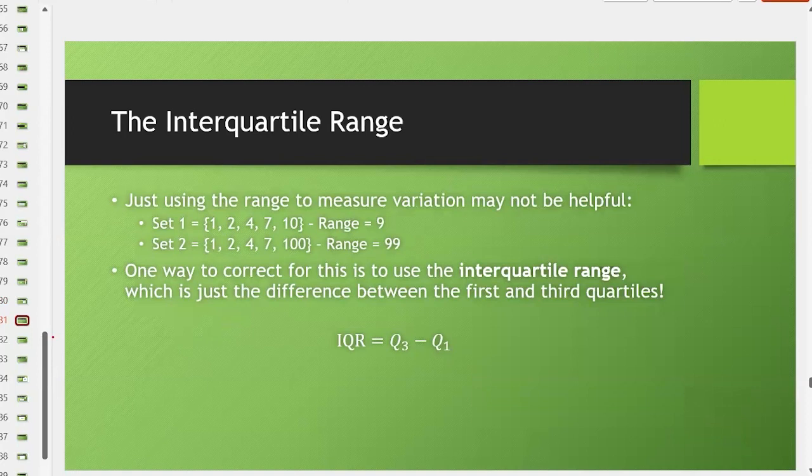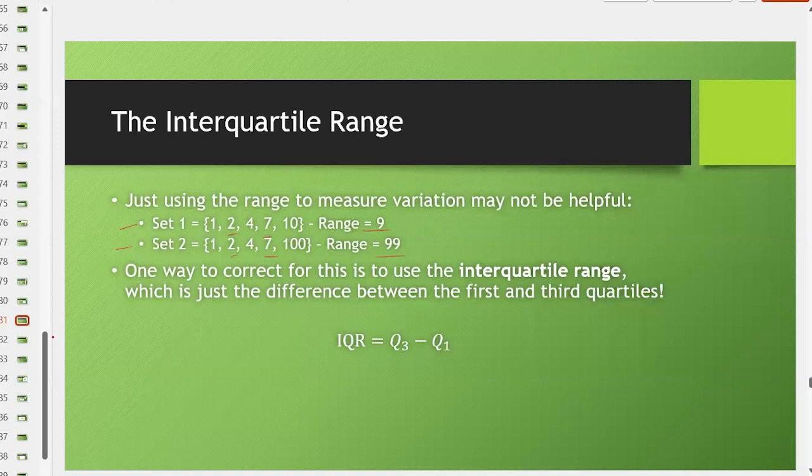Just like we can talk about the range of a data set, so the maximum value minus the minimum value, as we talked about last week, we can talk about the interquartile range, which is the difference between the first and the third quartile. The interquartile range is used when you have outliers in a data set. Notice the range in these two data sets would be very different, but the interquartile range would be exactly the same.